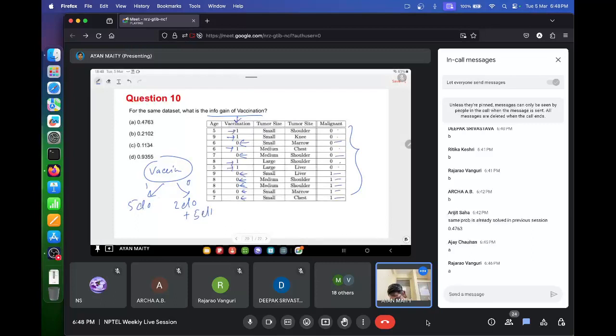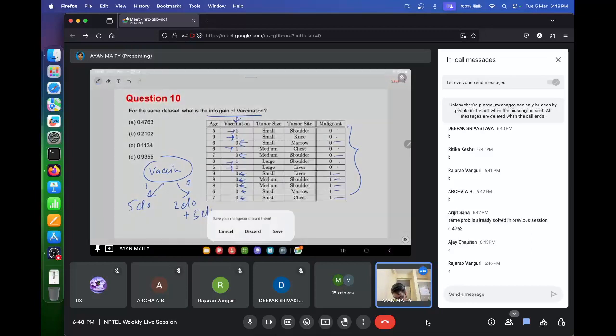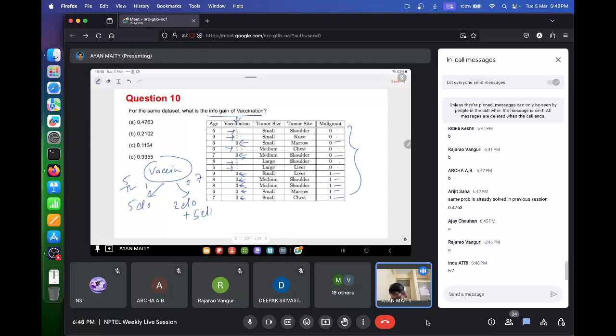And how many elements are going to the left subtree and how many to the right subtree, you also have to calculate. So in the left subtree we have 5, and in the right subtree we have 7. So this is 5 by 12, this is 7 by 12.